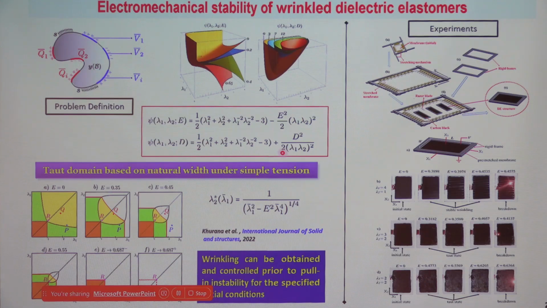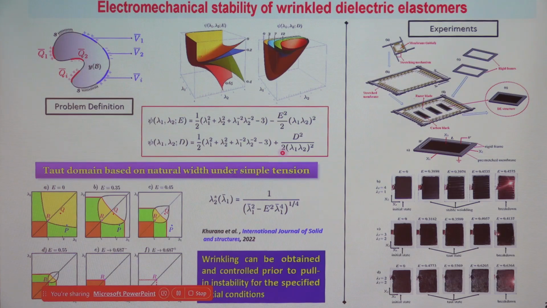First, let us understand what pull-in instability is and what wrinkling is. We have a dielectric membrane. When you apply in-plane compression, the wrinkle will be developed. So wrinkling is basically out of plane deformation of the membrane to relax the in-plane compressive stress.